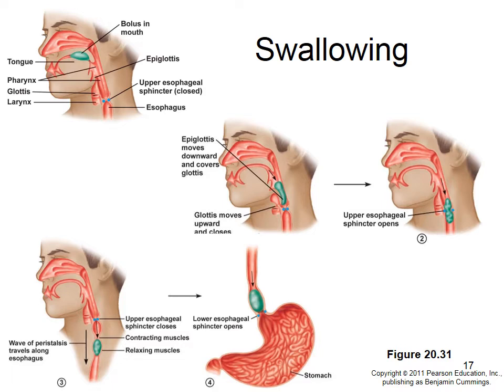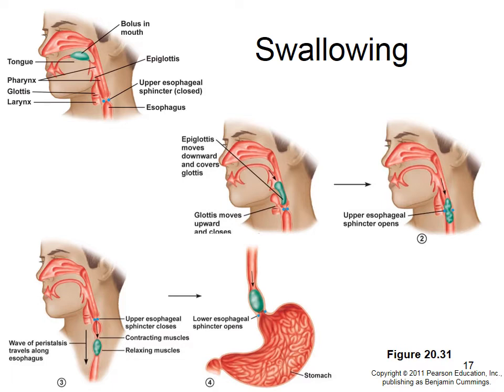Because if food enters the trachea, what happens? If you choke, you die. Yep. Okay, so that's when you're choking, when food or water enters your trachea. Okay, so you want to block the trachea, and at the same time, you want your upper esophageal sphincter to open so that food can enter your esophagus.